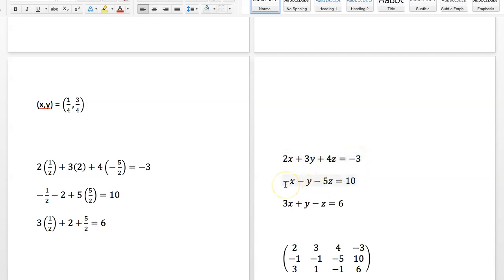Notice your x's are lined up column-wise, your y's in the same column, likewise your z's, and likewise your solution column. From the column point of view, column 1 is 2, -1, 3. Column 2 is 3, -1, +1. Column 3 is +4, -5, -1. And then here's your solution column.